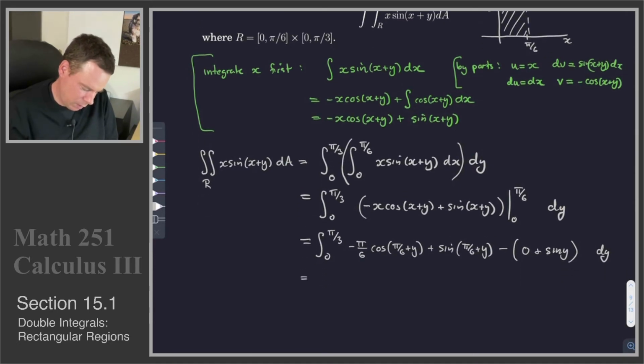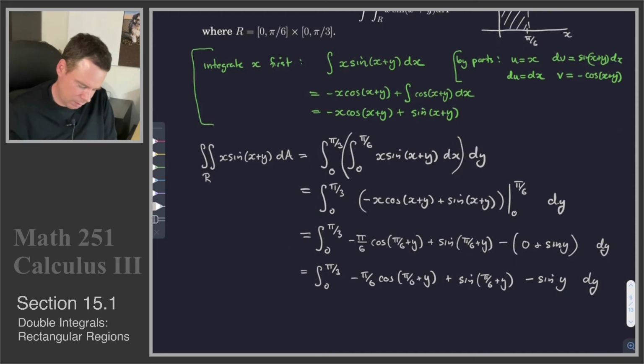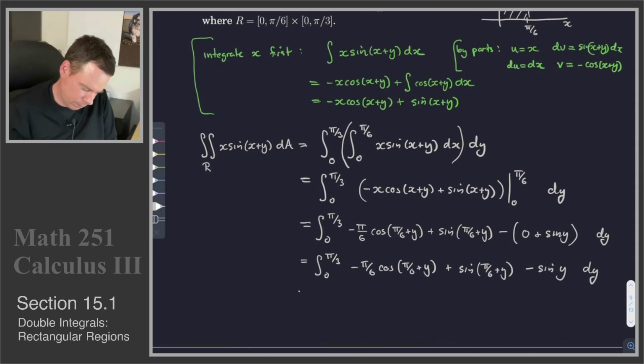So this becomes the integral from 0 to pi/3 of negative pi/6 cos(pi/6 + y) plus sin(pi/6 + y) minus sin y dy. So we've dealt with the x integral, evaluated it at its limits, and now we're doing the y integral. Now I need to anti-differentiate each of these.